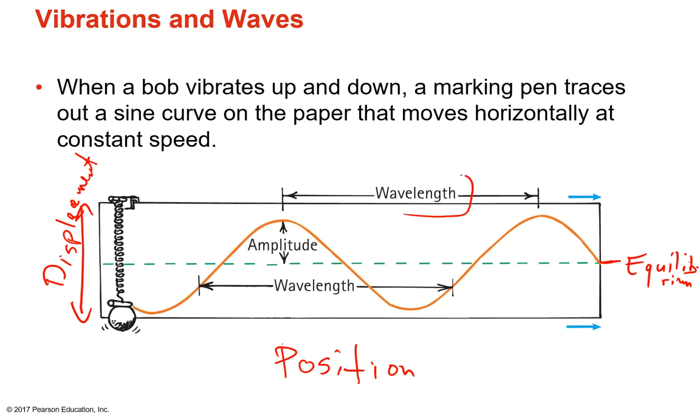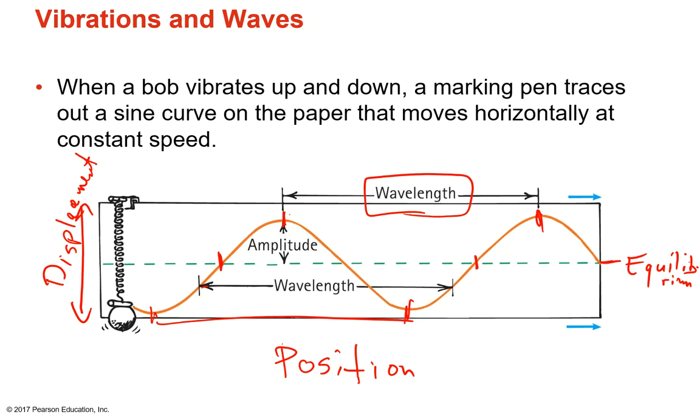Wavelength here is the term for the distance between a peak and another peak, or between 0 and 0, or a trough and another trough, or just some random position when it reaches that same random position. So the wavelength is technically the distance it travels in the time it repeats.